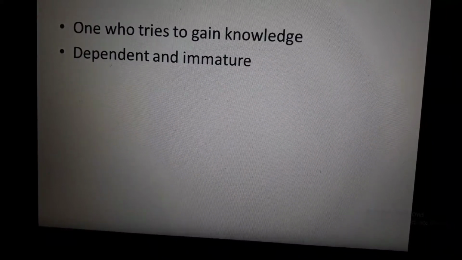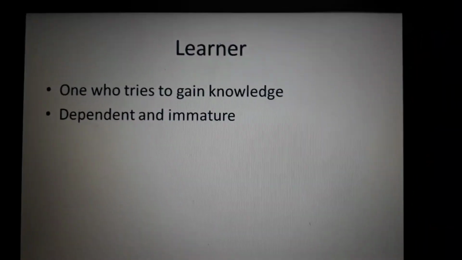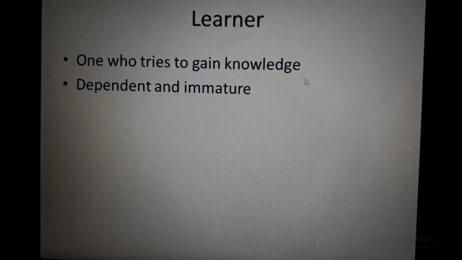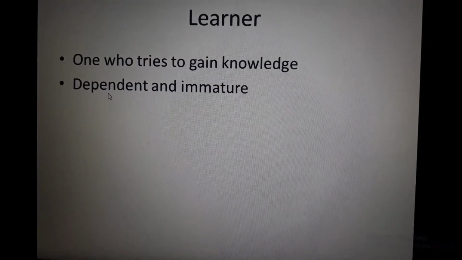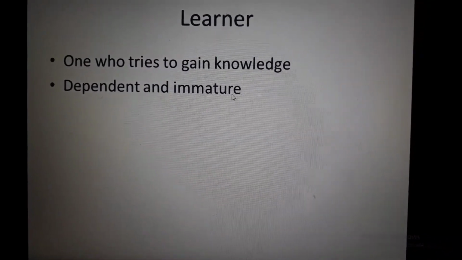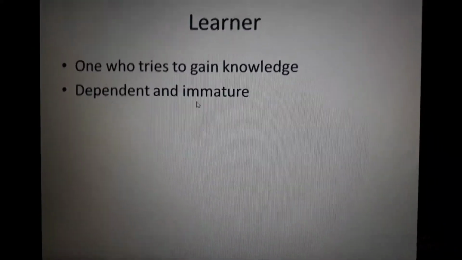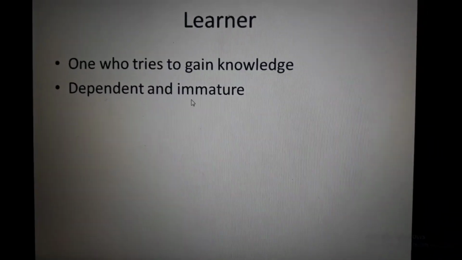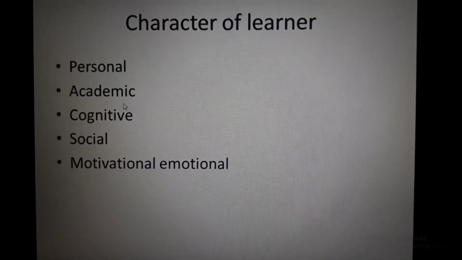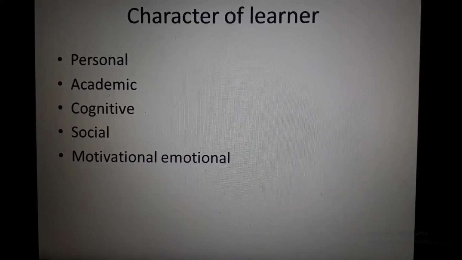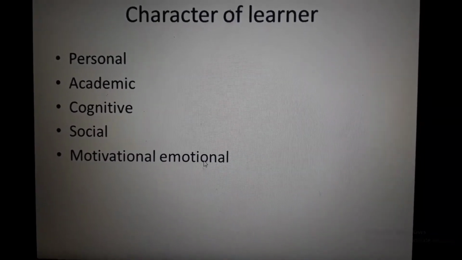Now let's come to the learner. So who is a learner? One who tries to get knowledge is called a learner. A learner is dependent and immature, because a teacher should be there to make him independent and to make him mature. So these are some of the characteristics of the learner: personal, academic, cognitive, social, motivational, or emotional.